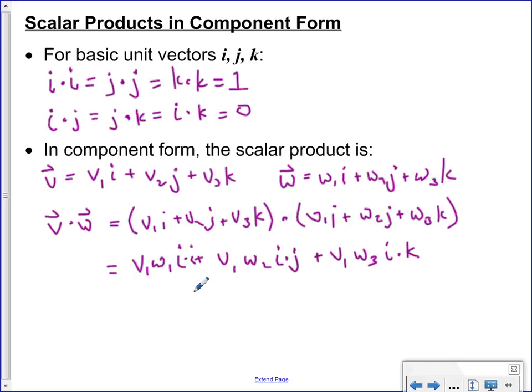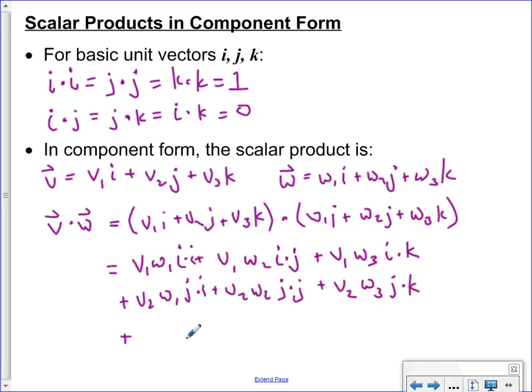And then you would have plus v2 w1 j dot i, plus v2 w2 j dot j, plus v2 w3 j dot k.